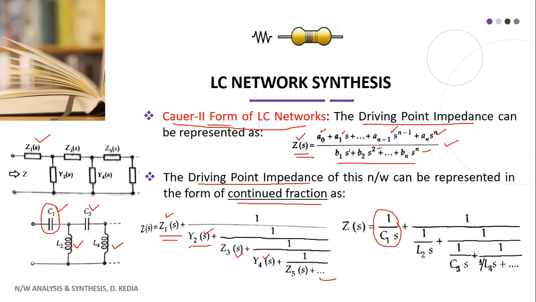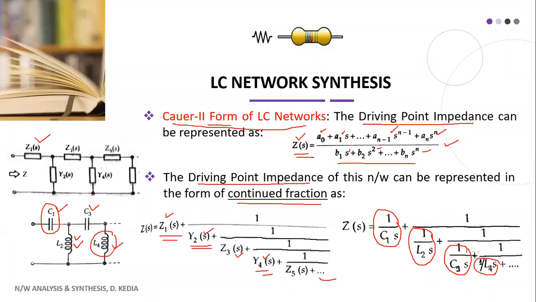Now, what is Y2S? Here we have an inductor, so the admittance of the inductor will be 1 by L2S. So your Y2 is 1 by L2S. What will Z3 be? Z3 will be 1 by C3S. Then plus 1 by Y4, and Y4 is 1 by L4S, and so on.